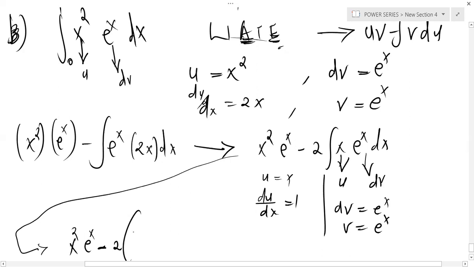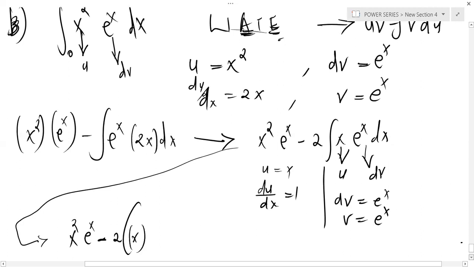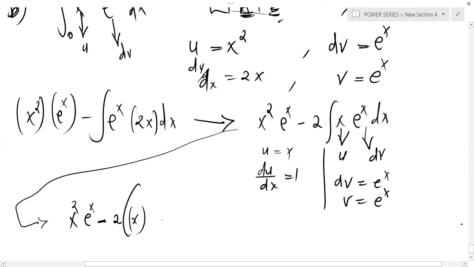So minus 2 outside, and then uv, u is x, multiplied by v. V is exponential x minus integral of v dx, and dx is our du, uv minus integral of v du.